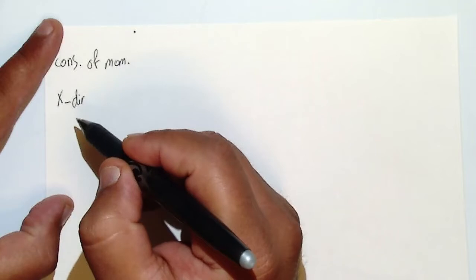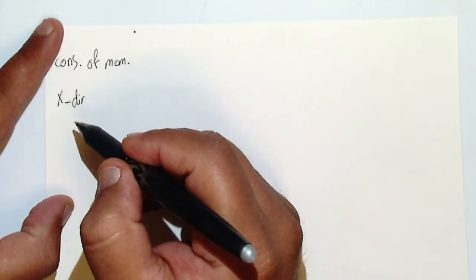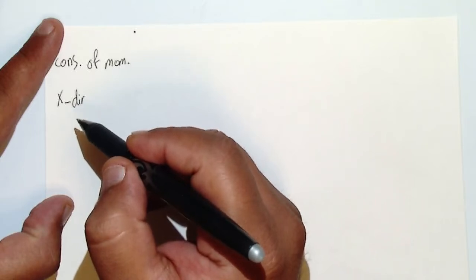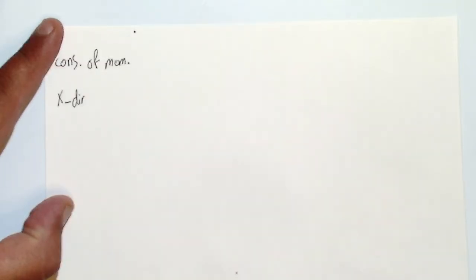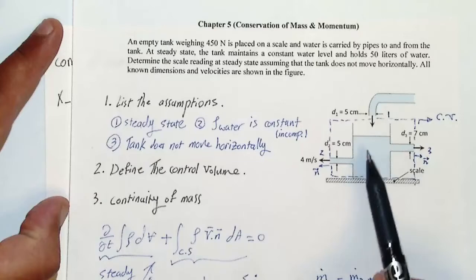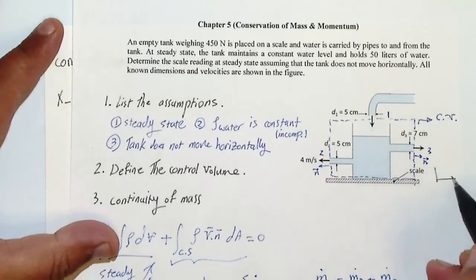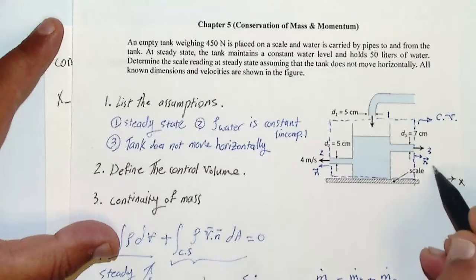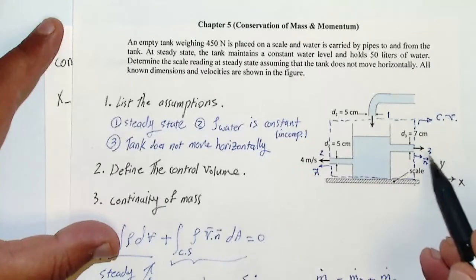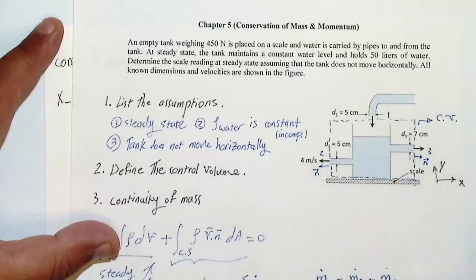For the x direction, you will find out first which ones are in the x direction. These two are the velocities in the x direction and this one is the velocity in the y direction. So that's my x and y, right? This is in the positive x and that's in the negative x direction.